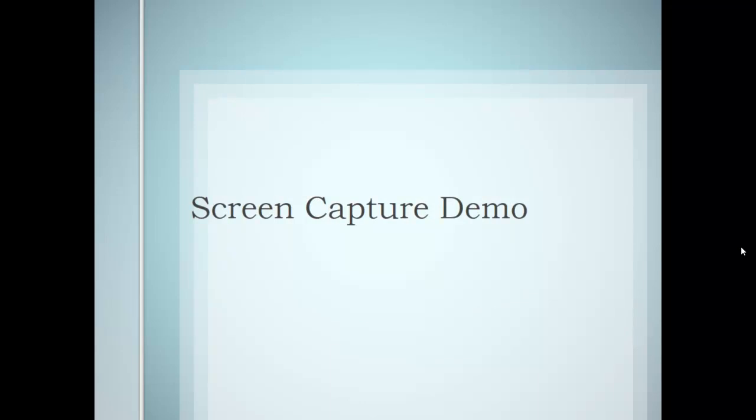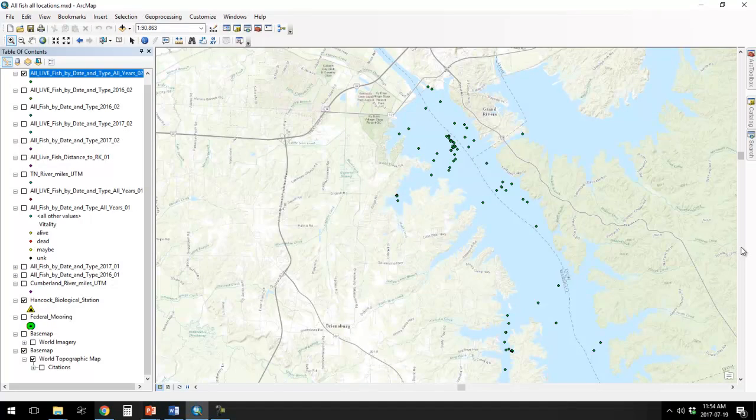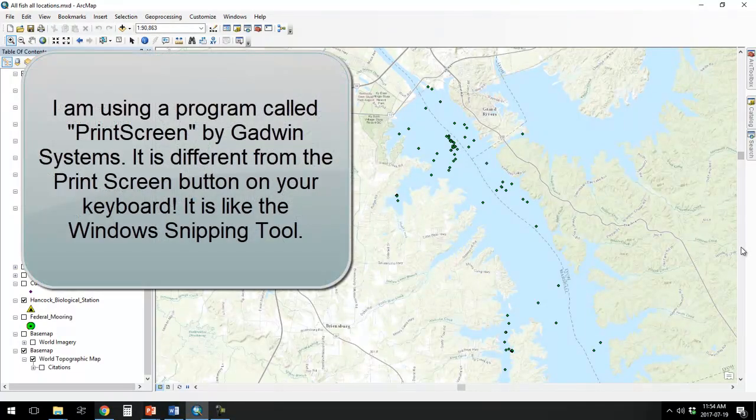So let me show you an example of how to do a screen capture. I'm going to go over to ArcMap. Now I have a program called Print Screen that's running right now, and this is another option. It's just like the Windows Snipping Tool.